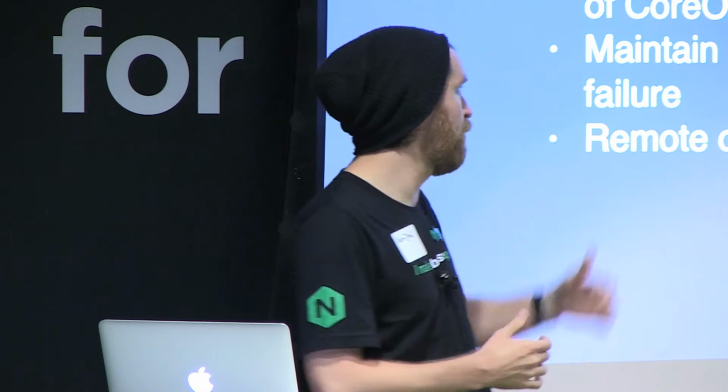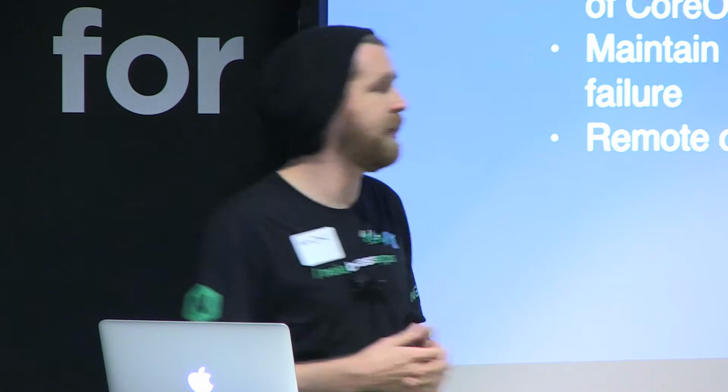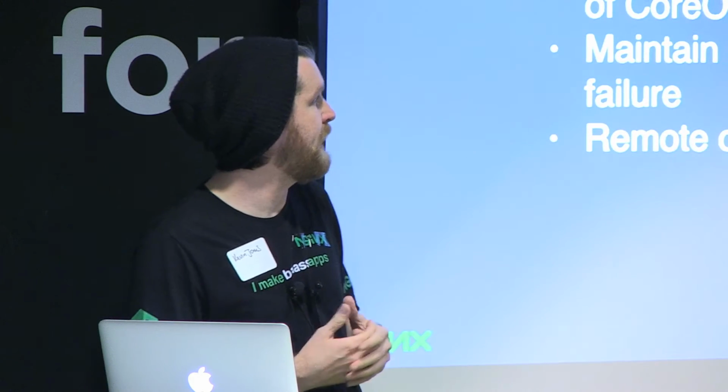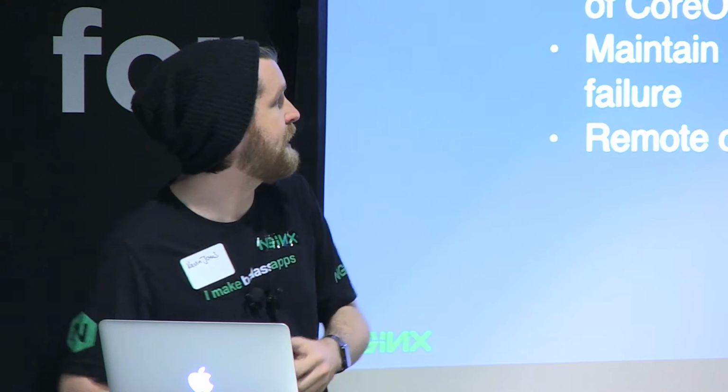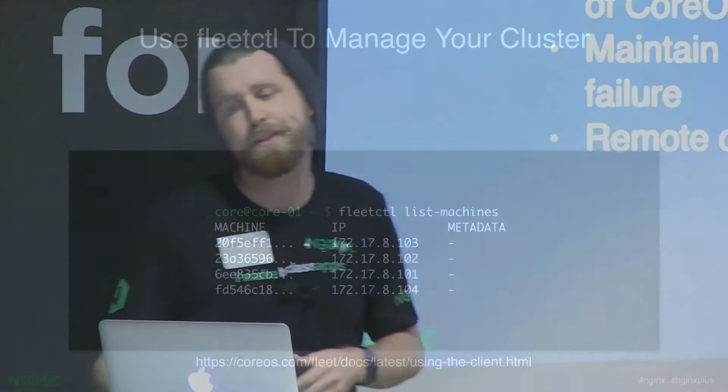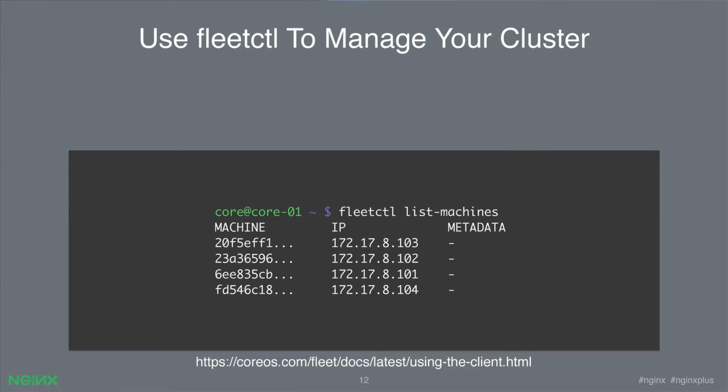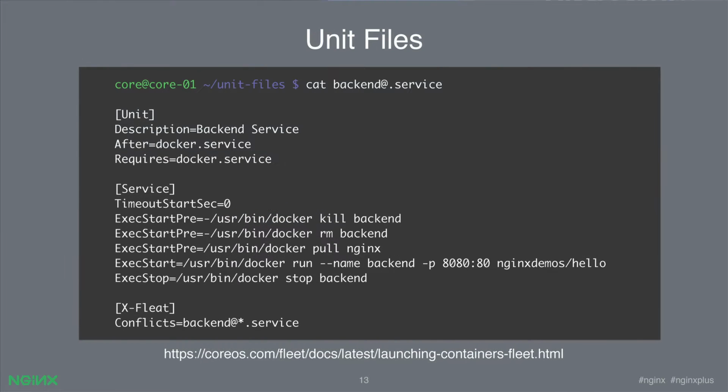You also can control Fleet using a command line utility and accessing it over HTTP using fleetctl, using an API. So you can do simple things like list the machines, list units. You can destroy units. You can launch unit files and actually deploy your application using unit files, which is actually what this is.